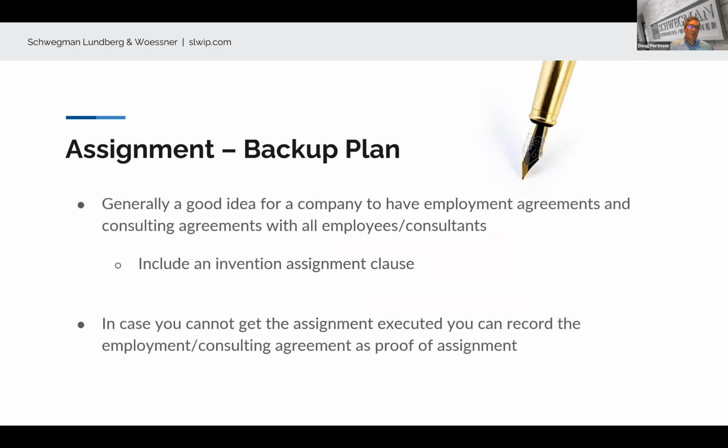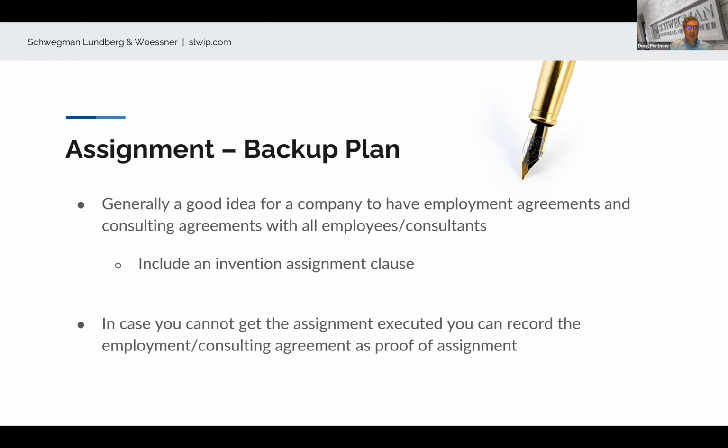So as Ryan mentioned, sometimes you can't get inventors to execute the assignment. Sometimes they quit, they may be disgruntled, sometimes they pass away untimely. So you kind of need plan B. A good idea for a company is always to have employment agreements or consulting agreements that have an invention assignment clause.